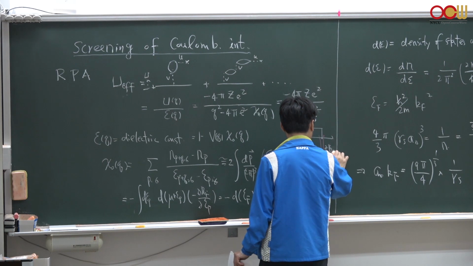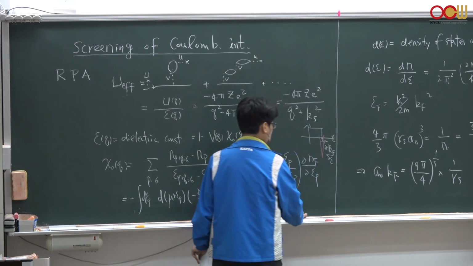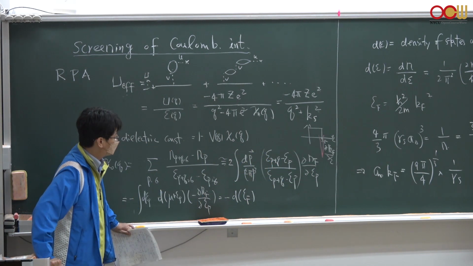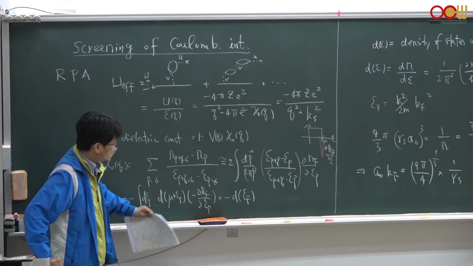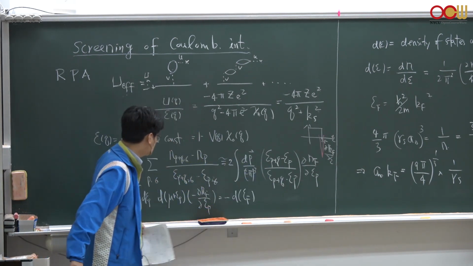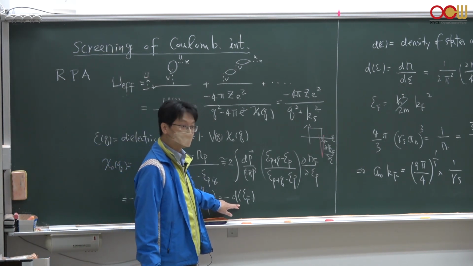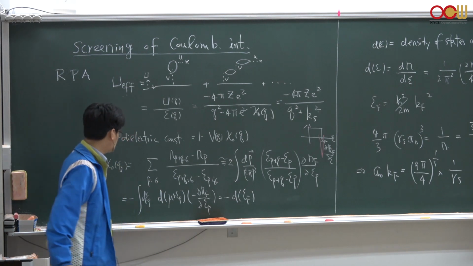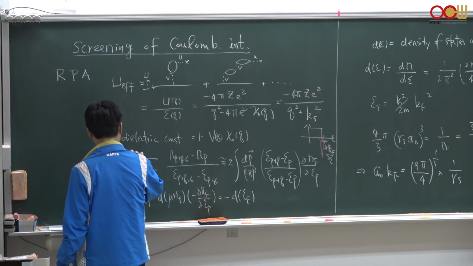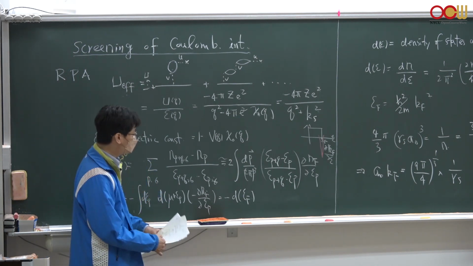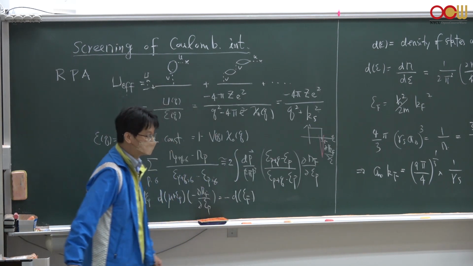So the partial of the Fermi function with respect to epsilon is minus the Dirac delta function at the Fermi energy. And then this is very easy to compute. You get minus the density of states of electrons at the Fermi level. So that's what chi0 of Q is when Q is very, very small. Of course this Taylor expansion is valid when Q is very small.